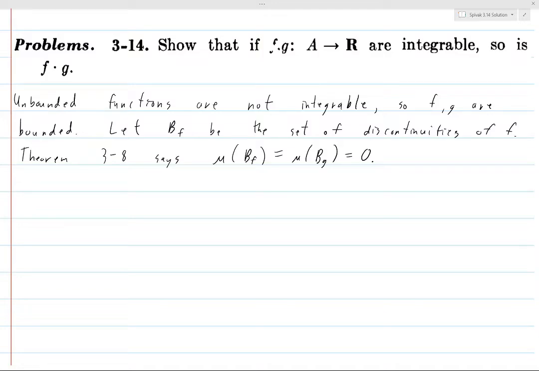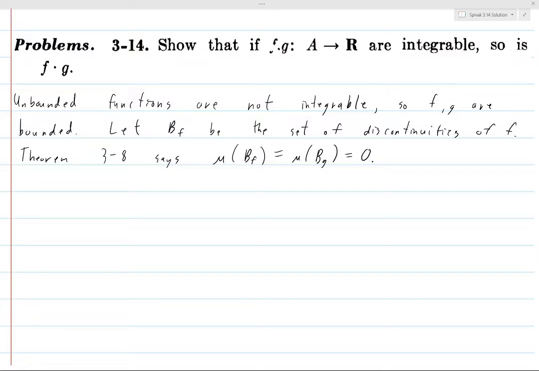Okay, but anyways, theorem 3-8 says that basically a function is integrable if and only if, it has to be bounded, I believe. A bounded function is integrable if and only if its set of discontinuities has measure 0.